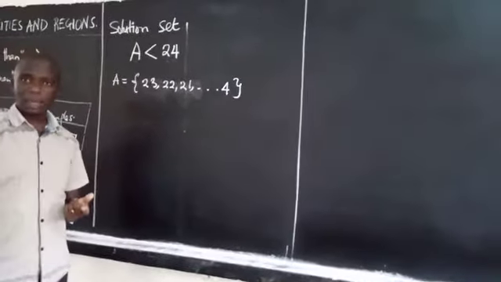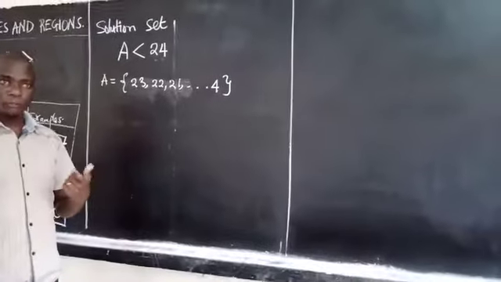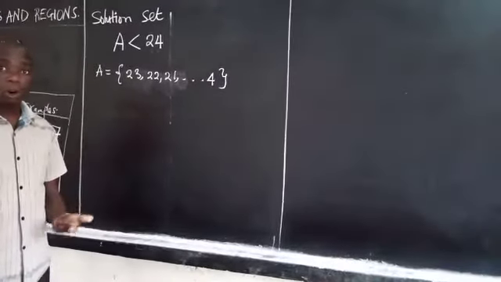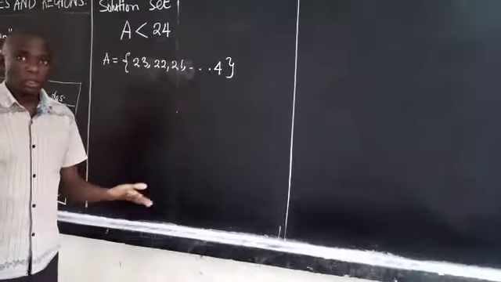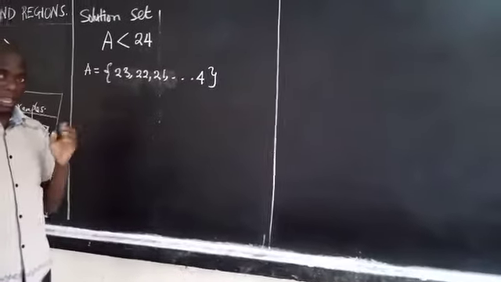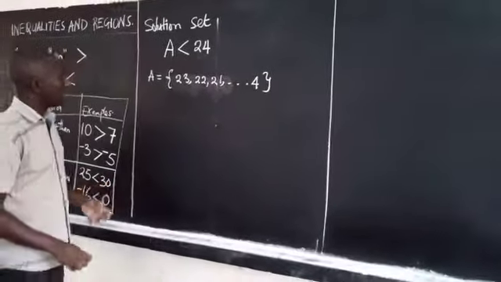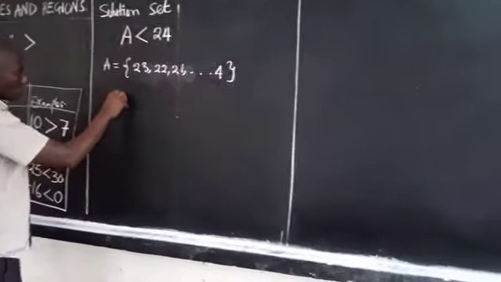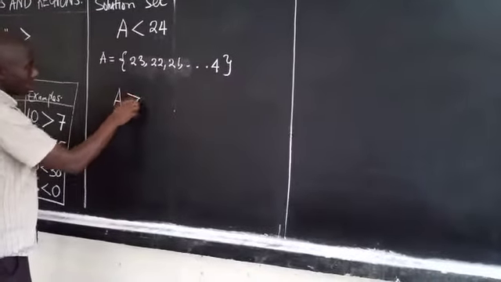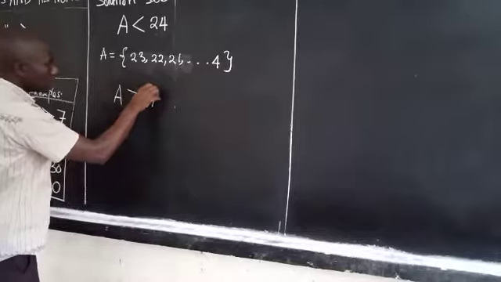I can have another example. If you are to be eligible, maybe to vote, and you are taking age as a whole number, then your age should be greater than 17.